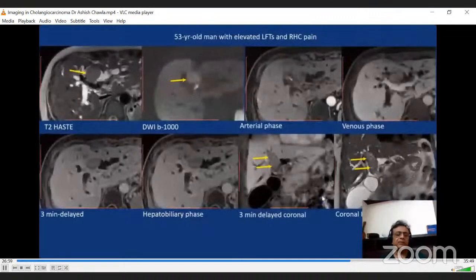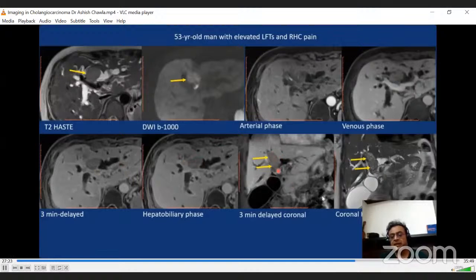So a classical example of a ductal type: on T2 HASTE images, there is a mass here, mildly bright on T2 weighted images, mildly bright on high b-value diffusion weighted images. It was dark on ADC, so there is restricted diffusion, and the classical signature enhancement of cholangiocarcinoma, progressive in the phases.